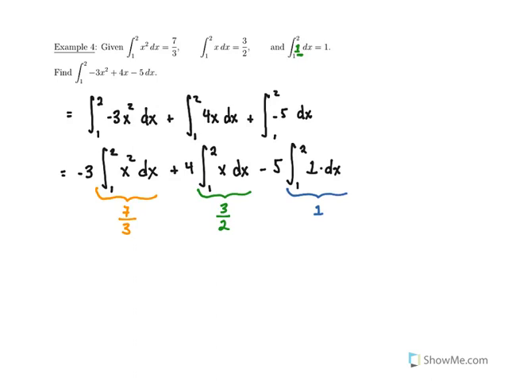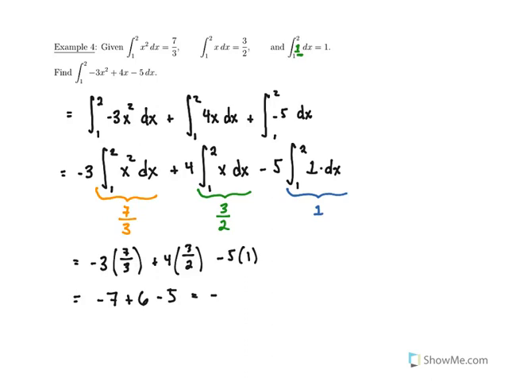So plugging those numbers in, we have negative 3 times 7/3 plus 4 times 3/2 minus 5 times 1, which will give us a negative 7 plus 6 minus 5, which is negative 6. And we're thinking about area, so this is units squared.